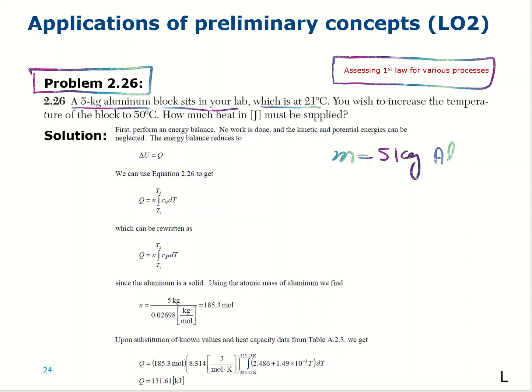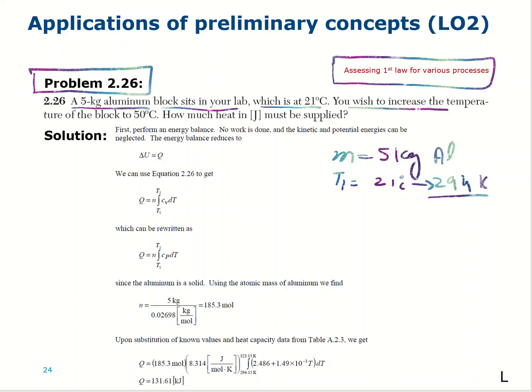So we can say simply T1 is equal to 21 degrees Celsius, and we can convert that into Kelvin, which will become 294 Kelvin.